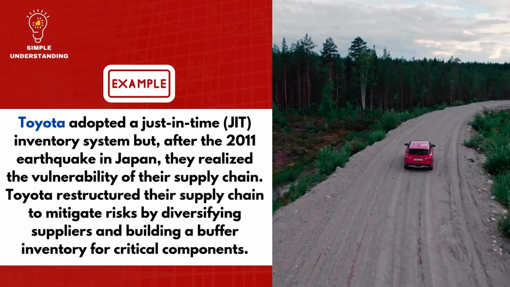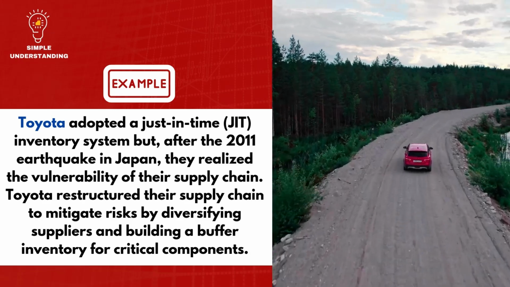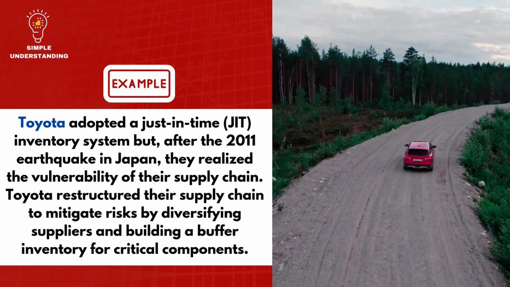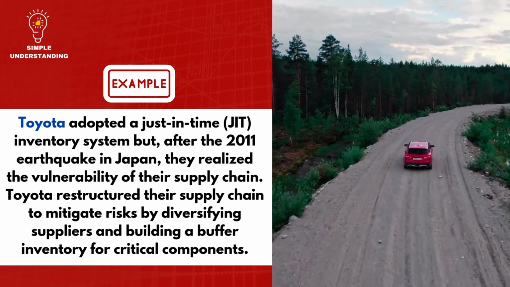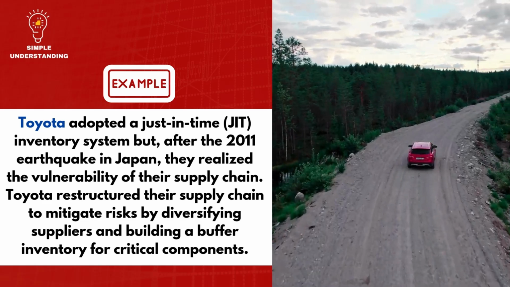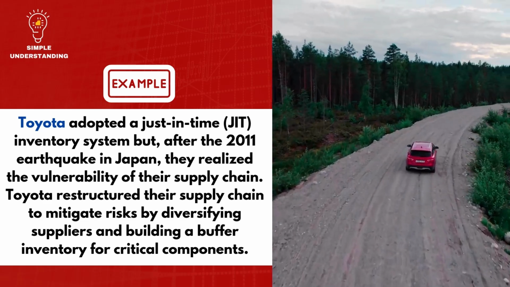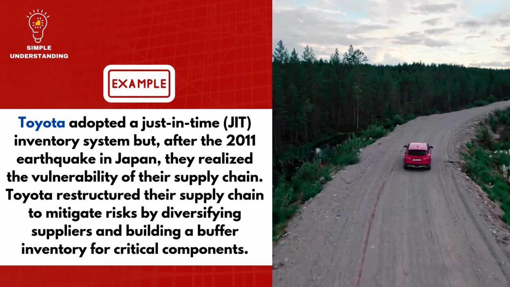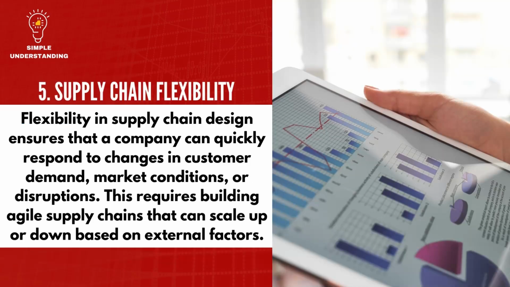Example: Toyota adopted a just-in-time (JIT) inventory system, but after the 2011 earthquake in Japan, they realized the vulnerability of their supply chain. Toyota restructured their supply chain to mitigate risks by diversifying suppliers and building a buffer inventory for critical components.